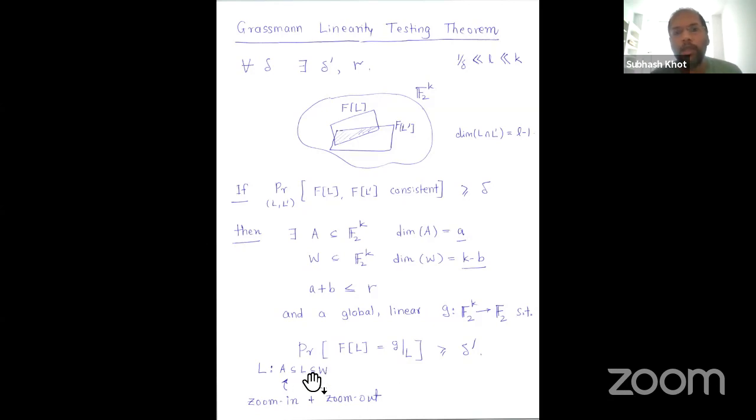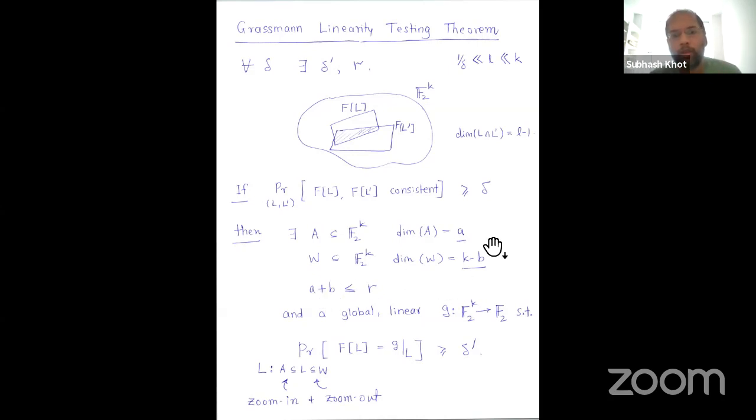Specifically, if the test passes with probability delta, then there is a subspace A of some small dimension, little a. Think of little a as like 3. And there is a subspace W of dimension k minus b, where b is a little constant, so it's almost the entire space, just a little smaller.